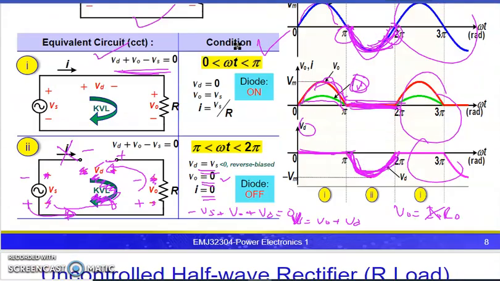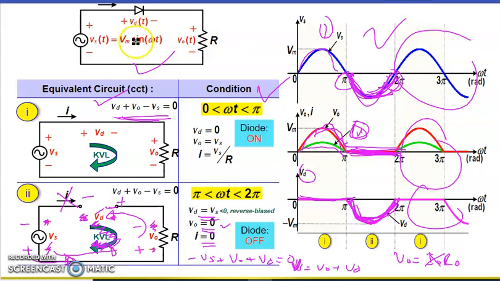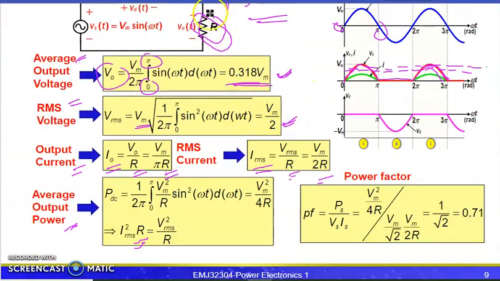But from the circuit analysis, to understand what conditions are affected at that time and how to generate the response waveforms, that one you have to master, understand, and remember. But this one you can refer back to the books, so it's not an issue.